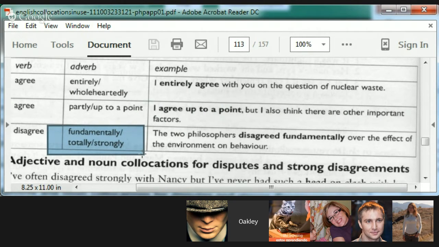The two philosophers disagree fundamentally over the effect of the environment on behavior. Well, I think it's in a basically or essentially important way.